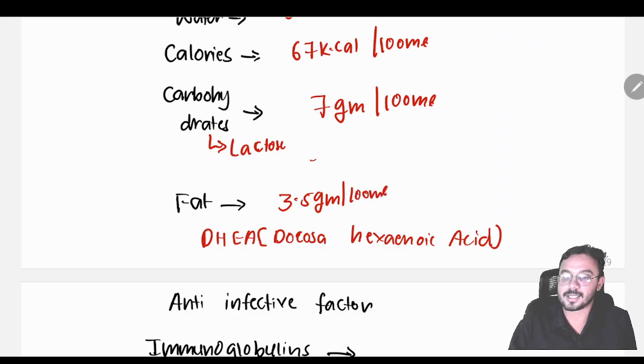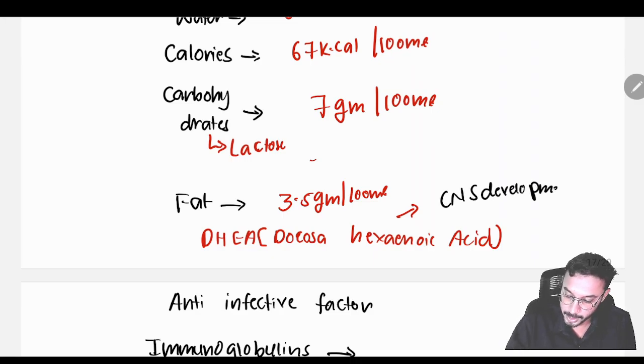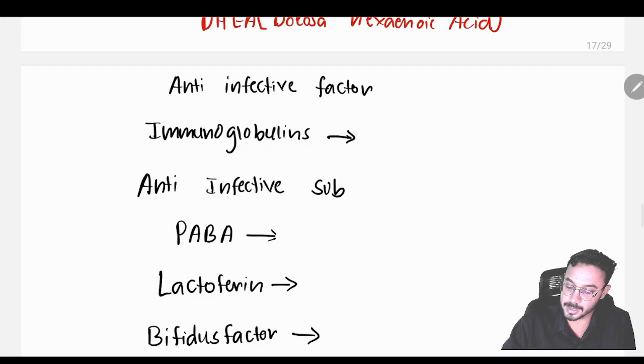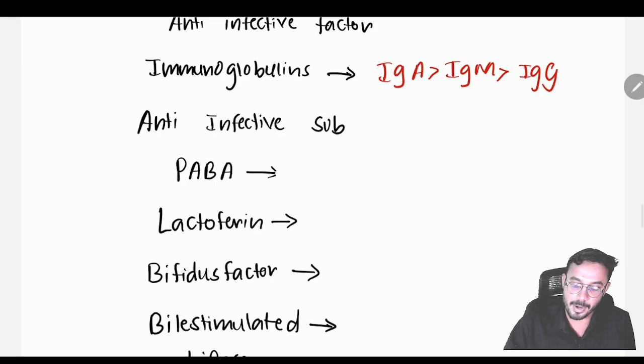One substance present in breast milk is DHA, docosahexaenoic acid, which is responsible for CNS development. Some infective factors are also present, that is immunoglobulins such as IgA, IgM, and IgG. And para-aminobenzoic acid is present in breast milk, so that will prevent malaria.